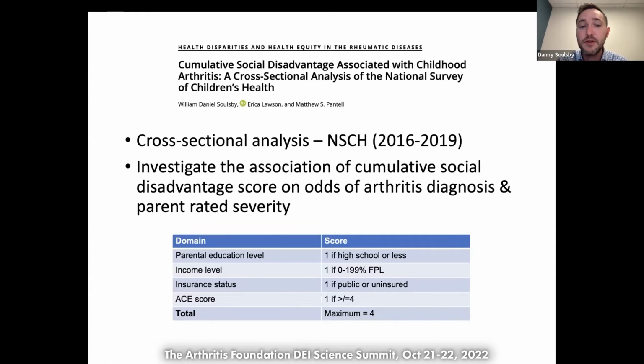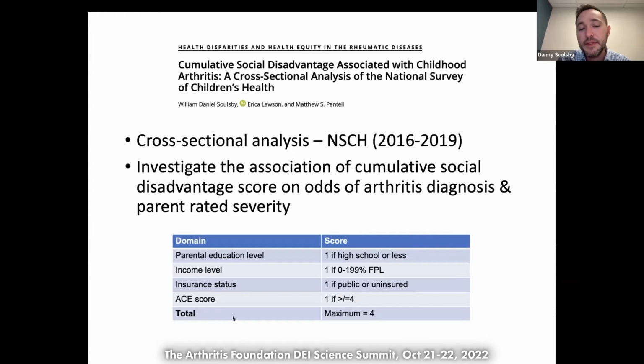in JIA. So for example, parental education level, if the subject reported high school education or less from their guardian, that would give a score of 1. If their income level was between 0 and the 199th percentile of the federal poverty limit, that would yield a score of 1. Insurance status, a score of 1 if publicly insured or uninsured.